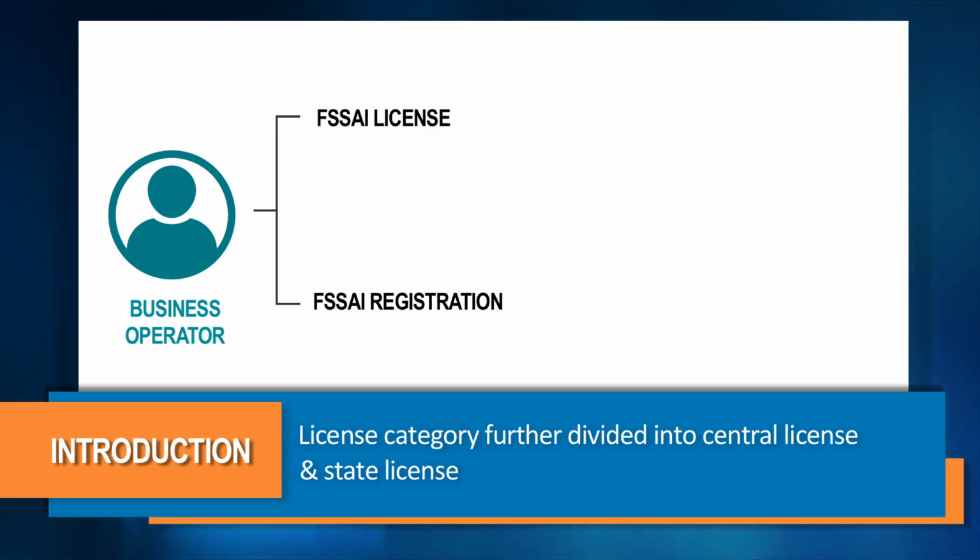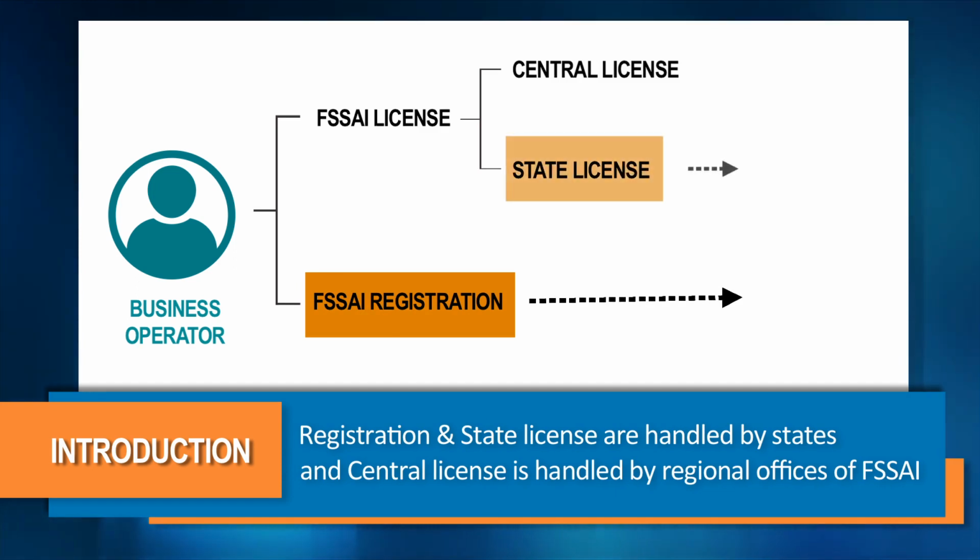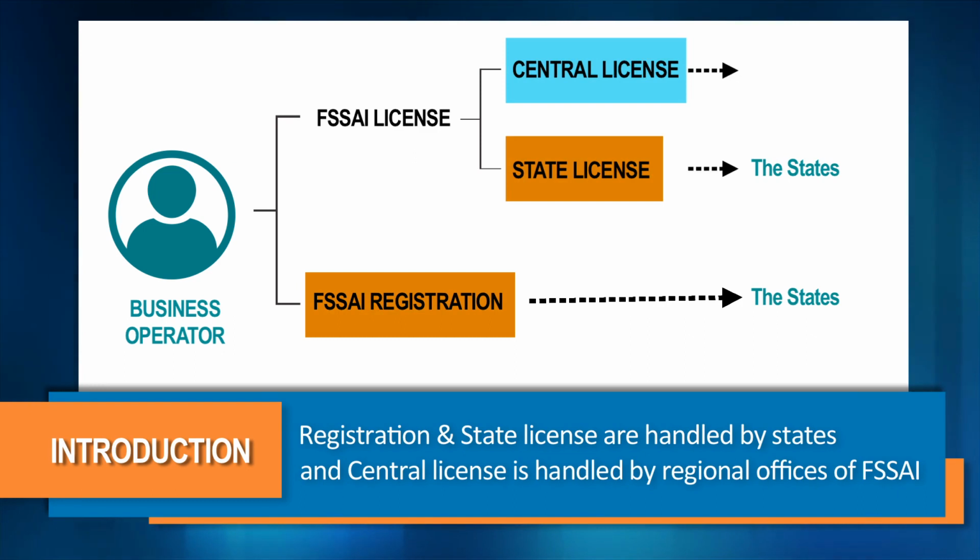The license category is further divided into central license and state license. The registration and state license are handled by the states, and the central license is handled by regional offices of FSSAI.